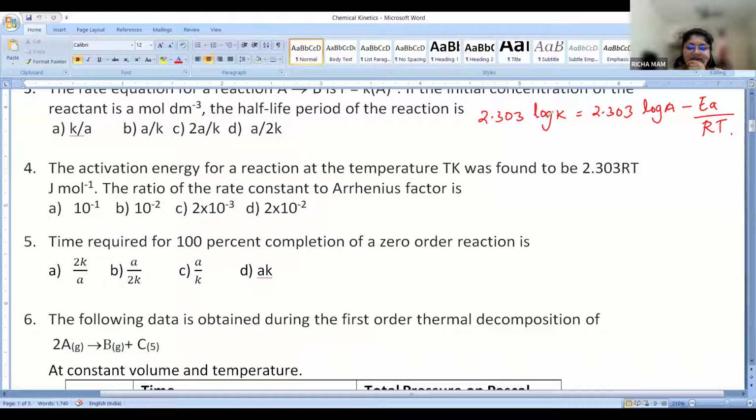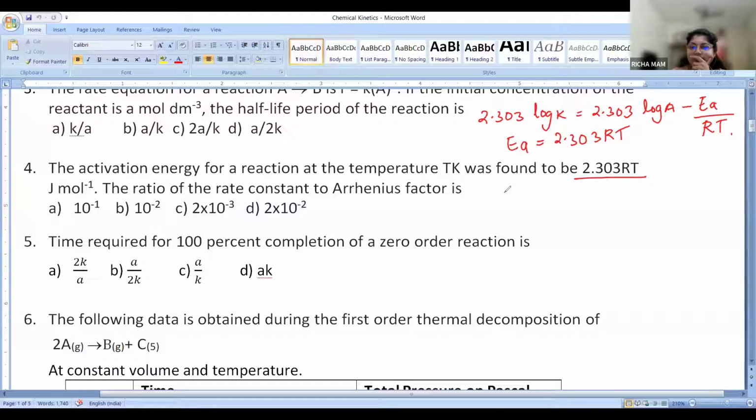Okay, activation energy. So what is the activation energy which is given here? 2.303 RT. Now what we will do, we will put the value of EA, and we will divide by 2.303 on both the sides.